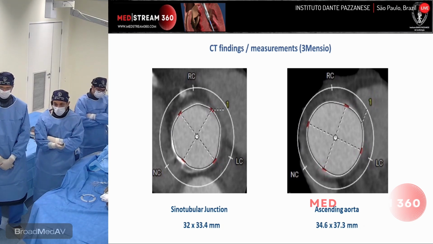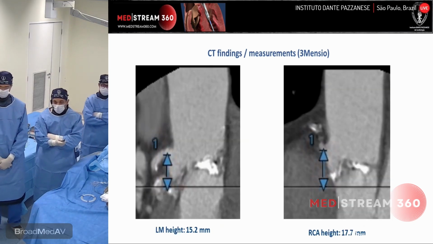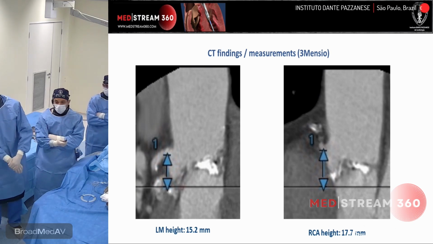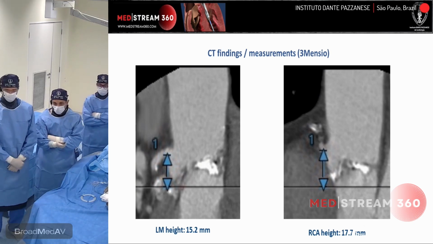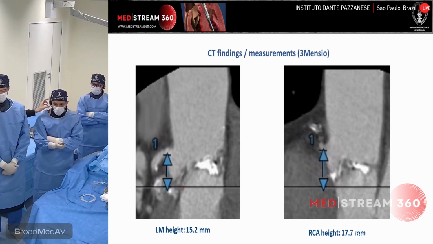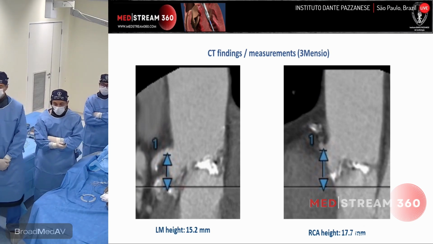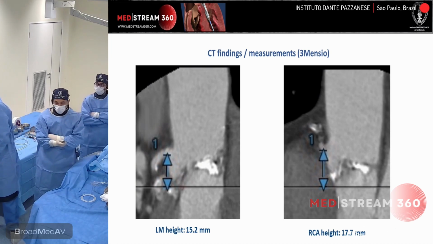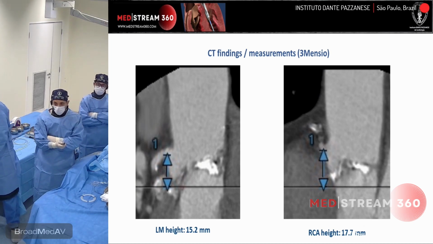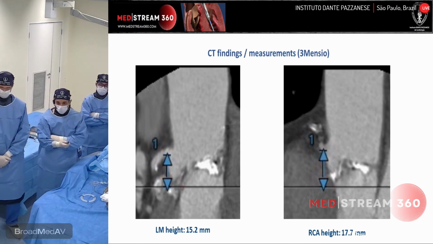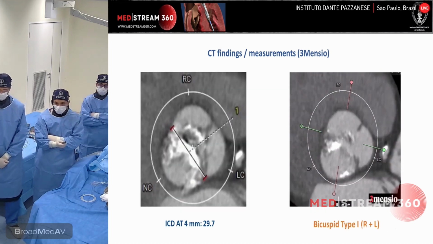You can see here the measurements. The coronary heights to the annulus are good, both on the left and the right. They are above 12 millimeters, so this patient has a low risk for coronary occlusion during the procedure.